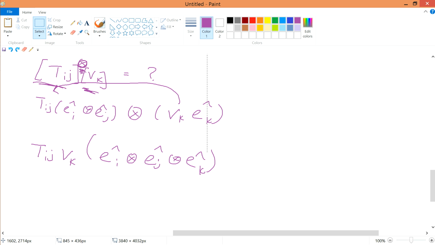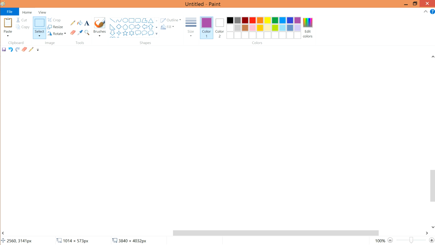Alright, and therefore the next understanding, if you have Tij dyadic product with Urs. Alright, so what is it? So to start off, same thing, Tij is equal to Tij multiplied with Ei dyadic with Ej.